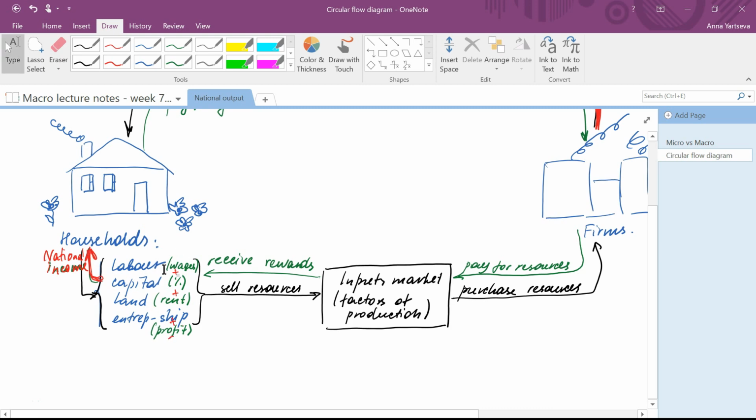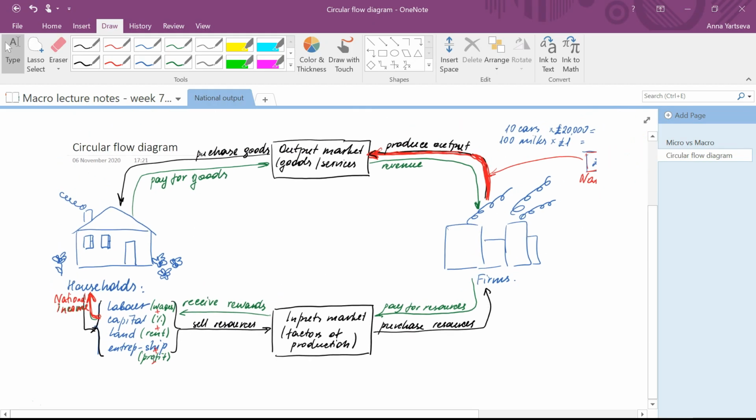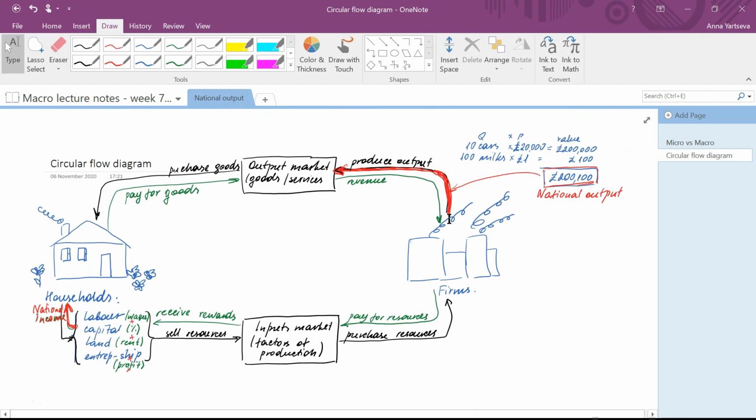And if we add up all these rewards to different factors of production, we will be able to calculate total national income received by households in a particular time period. Because we measure the same flow within the same diagram, but at different places of it, we should get the same number. National output will be equal to national income.